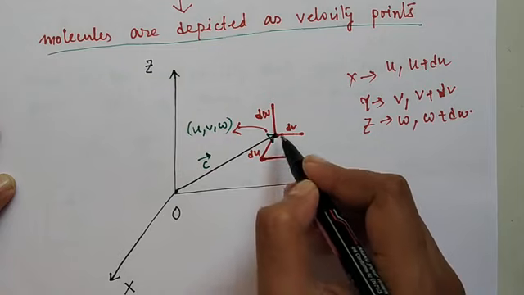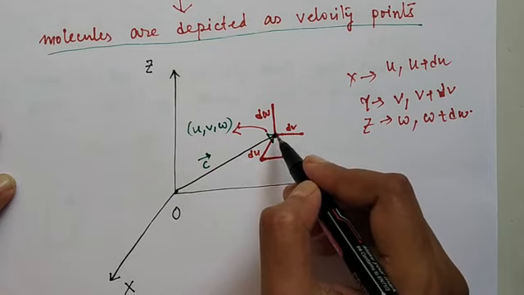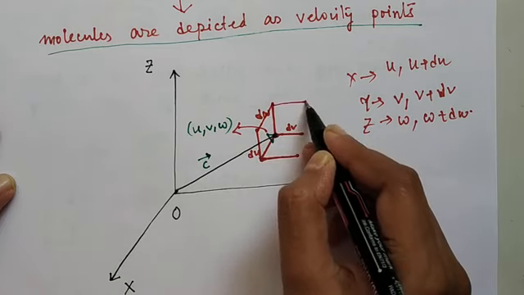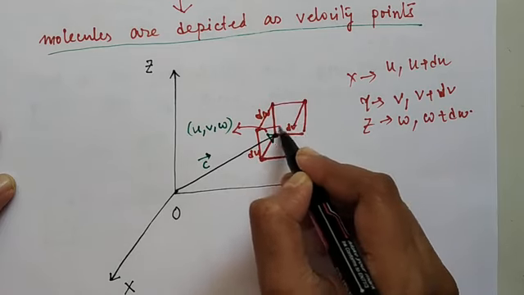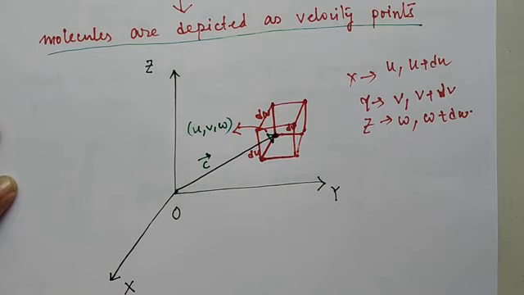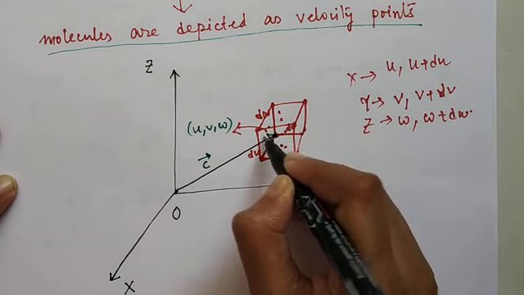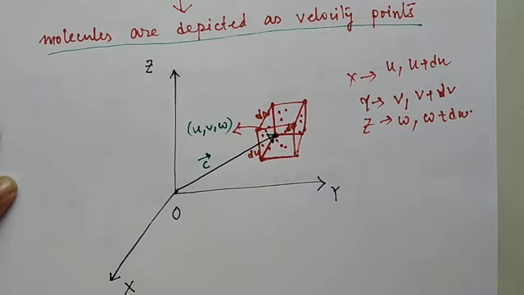Now in 3D what will happen is that they will make one cuboid, and all these dn molecules will lie within this cuboid.